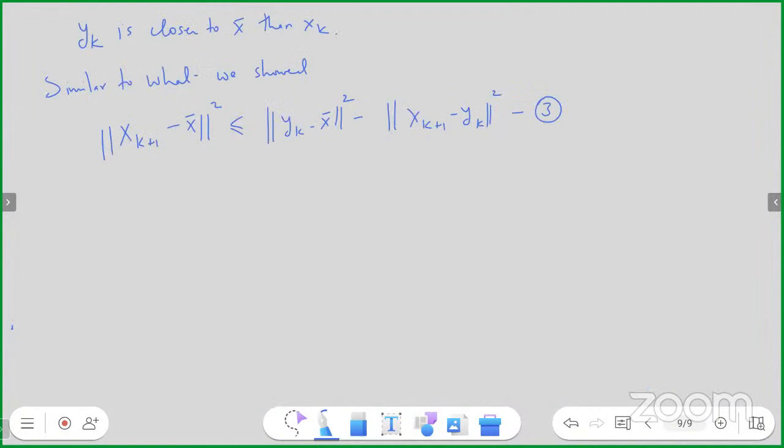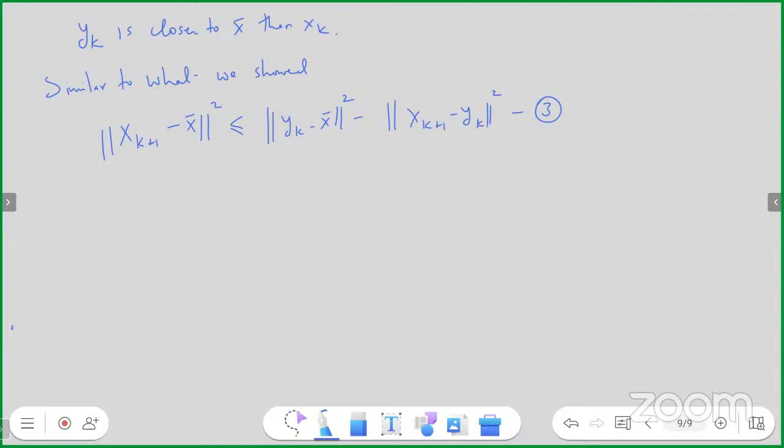Okay, now what should I do? So far all I've shown is that in each step I'm decreasing the distance. For convergence, what more do I need? It's also bounded below. Okay, what sequence is bounded? It's the distance that you have, as in the distance of xk to x bar.